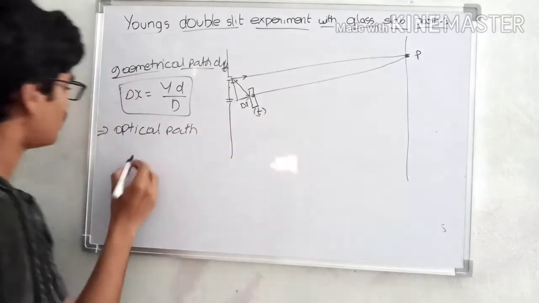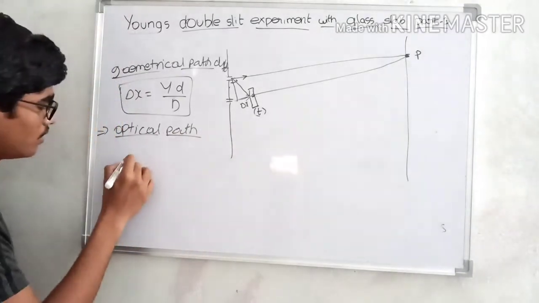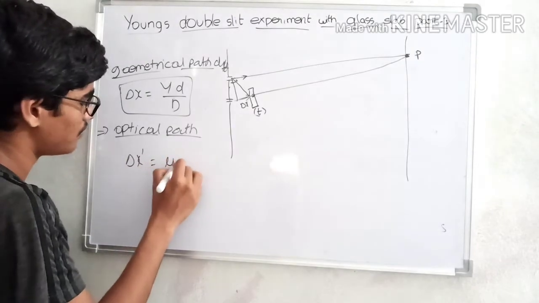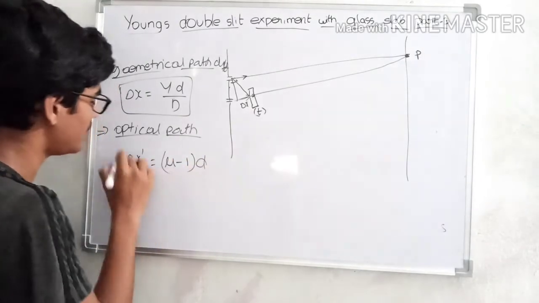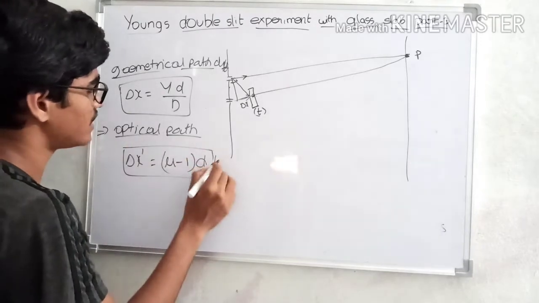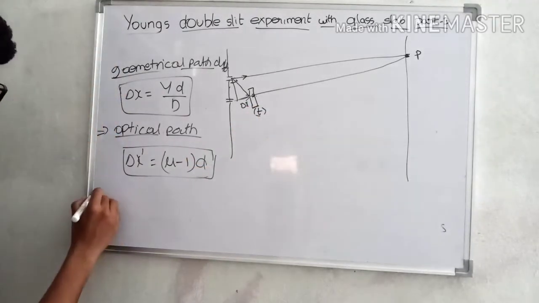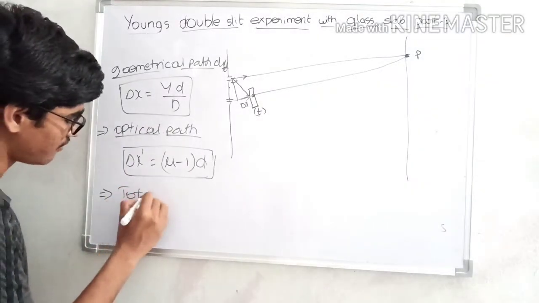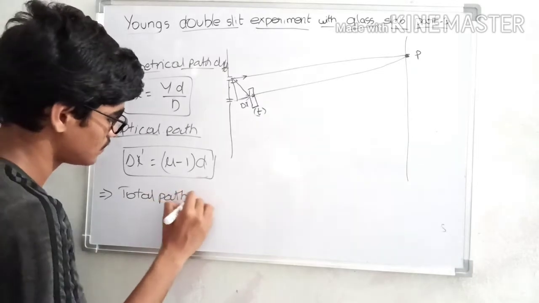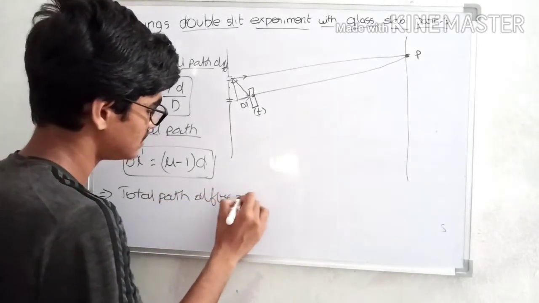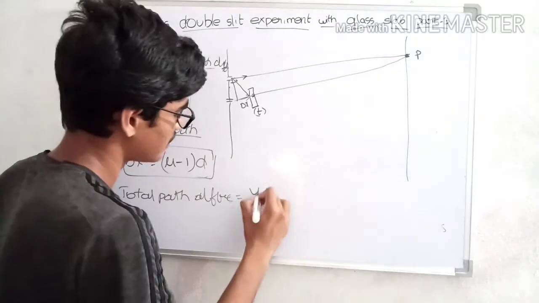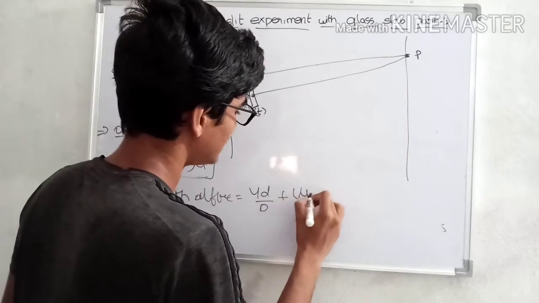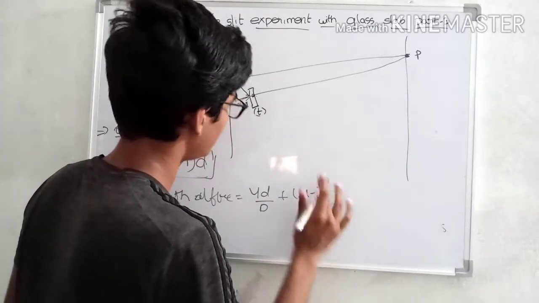As we proved in the previous formula, the optical path difference delta, we consider it as delta x dash. We have got (mu minus 1) into d as the optical path difference created by the glass slab. Then the total path difference created is, adding both, yd by capital D plus (mu minus 1) of thickness t.